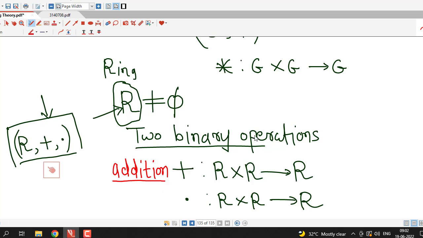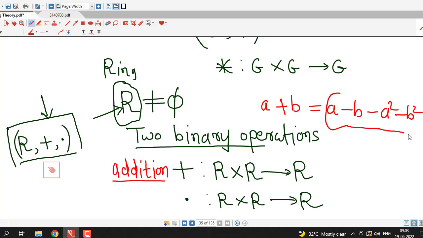So your addition operation may be like this also. If I take two elements A and B, then your operation may be of this type also: A minus B minus A square minus B square. That will differ from one ring to another ring, but this is just the notation for this binary operation, which we will call the operation of addition, and this binary operation we will call the operation of multiplication.